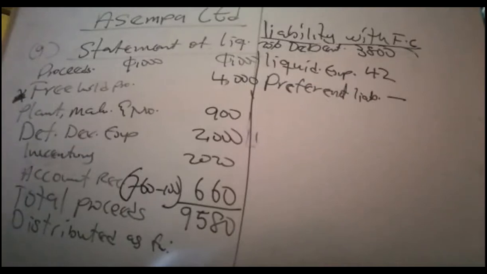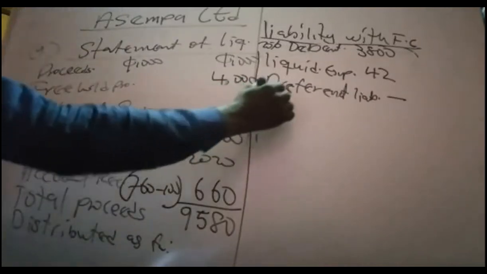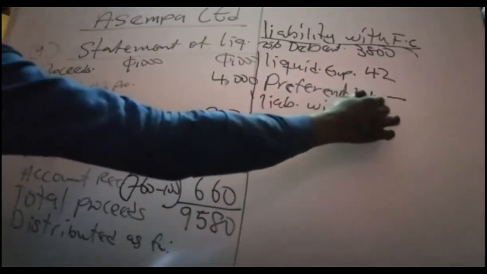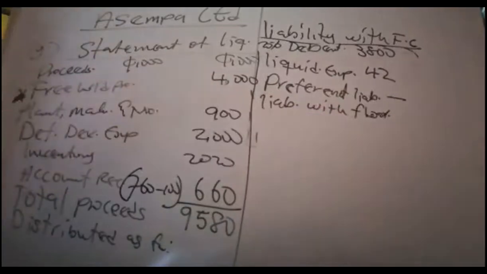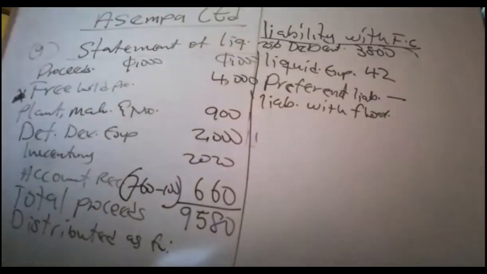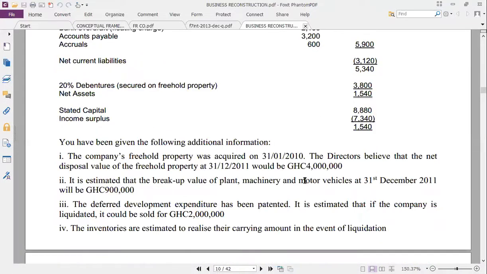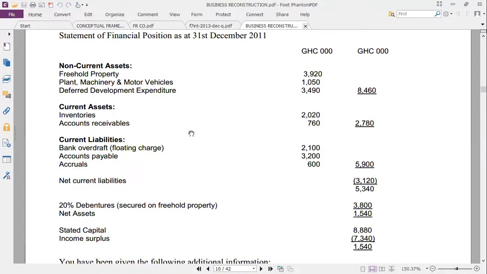Liability with floating charges. So liability with what? Floating charge. So I'll go look for it from the question. Where's liability with floating charges? Go to all the liabilities, check them.